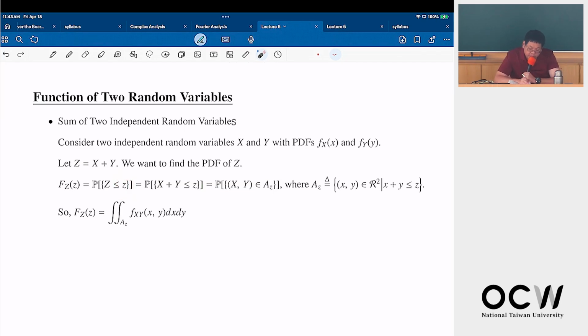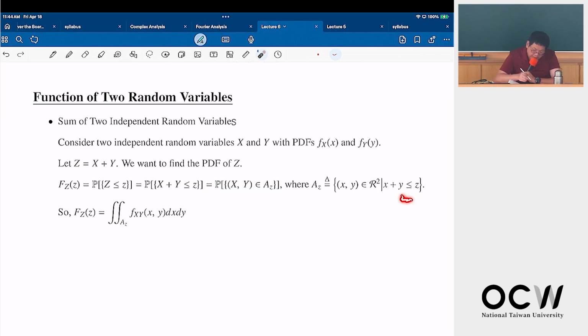And we know z is equal to x plus y. So here we have x plus y, and x plus y less than or equal to z. That means my x and y, this random variable pair, belongs to an area. And here this is the area: x and y in the real line, and x plus y is less than or equal to z.